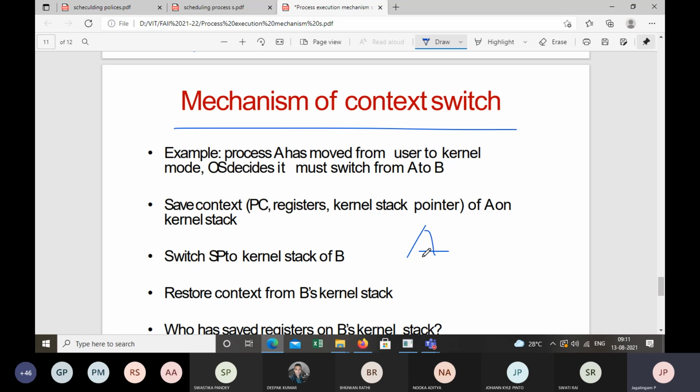When process A is running, the CPU executes process A. Because of an interrupt, the CPU went to kernel mode. Now the operating system decides whether to go back to the user mode of A, or to switch to some other process B. Do you understand this?